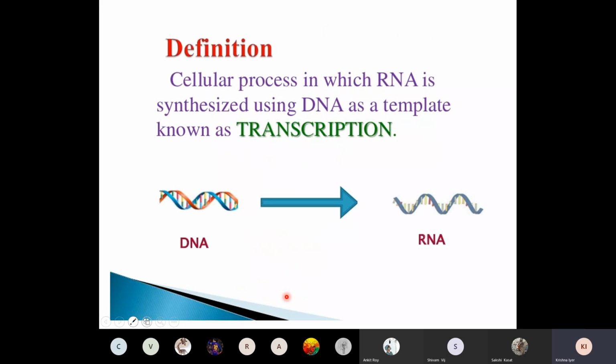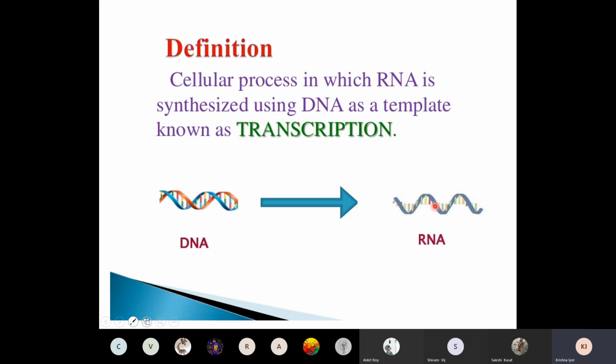The cellular process in which RNA is synthesized using DNA as a template is called transcription. This RNA is related to the DNA in that the DNA is being read as a template, and using the DNA as a template we make the RNA.